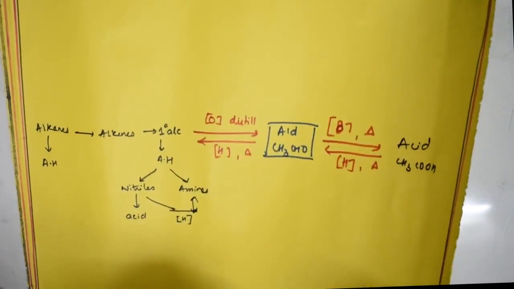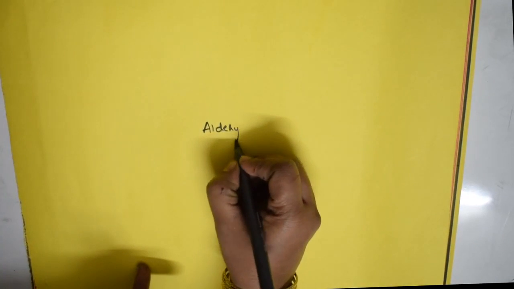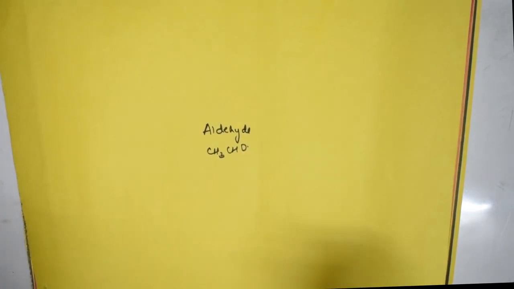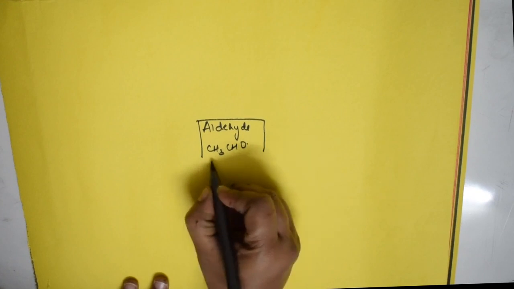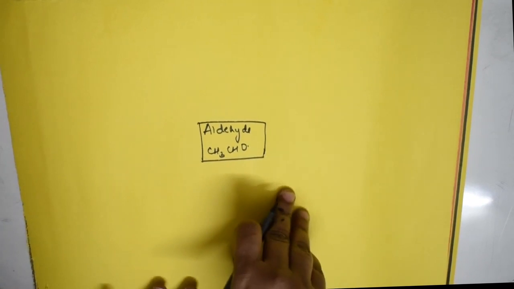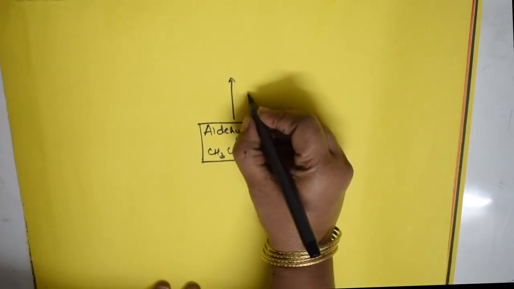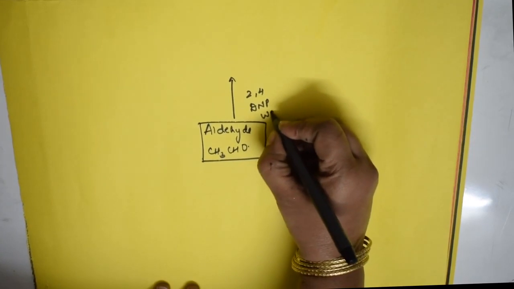Let us put the aldehyde in the center. The aldehyde which I have taken is CH3CHO. Let us put a box for this. Now to this aldehyde, I am adding 2,4-DNP and warming it.